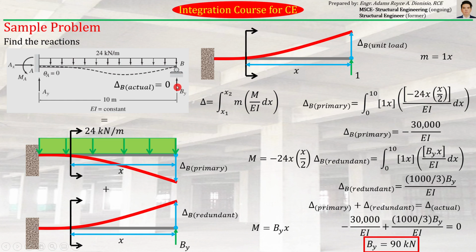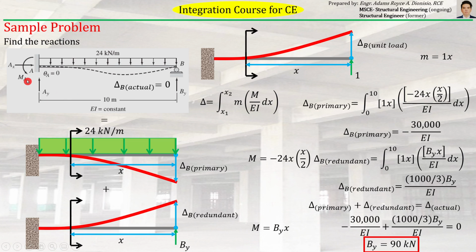Once na nakuha mo naman na yung By, since first degree indeterminate lang naman 'to, ibig sabihin meron pa lang kulang na isang equation to be able to fully analyze it. Since 'pag nakuha mo na yung By is equal to 90 kilonewton, you can readily compute for AY, MA, tsaka AX. AX, zero lang din naman 'to, eh. So, ang kailangan mo na lang i-compute dito once na na-compute mo na yung By ay yung AY tsaka MA.